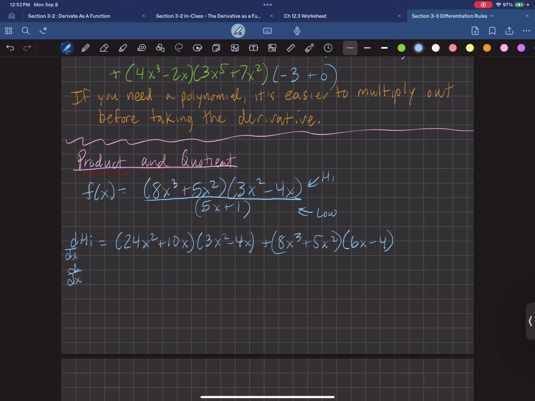Derivative of low is just 5. So we want low d high minus high d low over low squared.